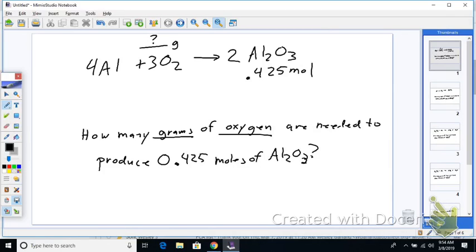So the question is, we have to get to this answer. We have to find grams of oxygen. So we've got a starting point, and we've got an ending point. And we have to find a way to get to the ending point. So on all these problems, if you get confused, you don't know where to start, take what you're given and put it in front, so you've got a starting point.